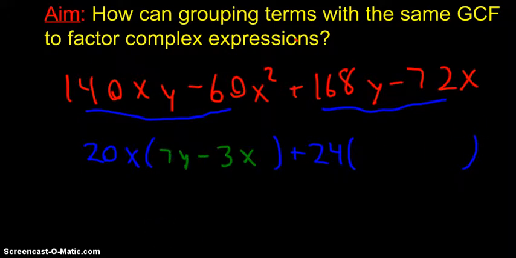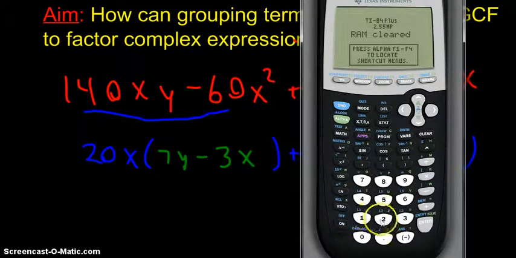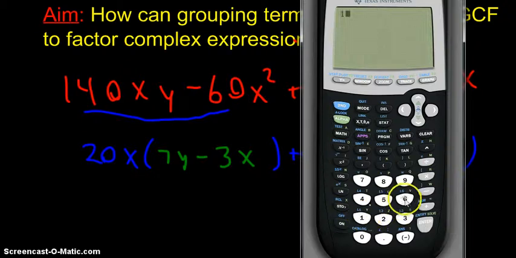24 goes into 168. I don't remember how many times. Let's find out. Where's my calculator? There's my calculator. Turn that on. Alright, 168 divided by 24 is equal to 7.